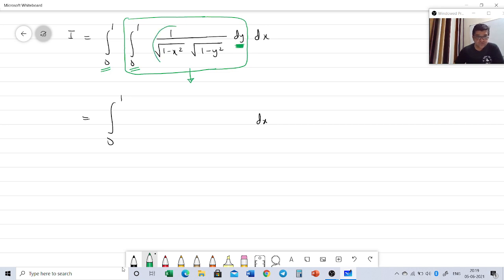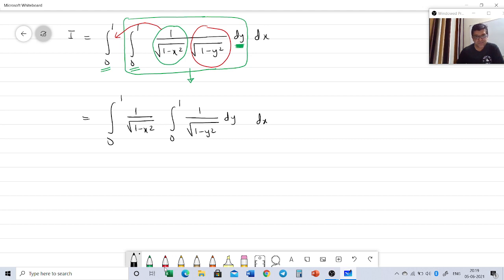So this term of x, I consider it as a constant, and I can shift it outside, because this whole term is a constant multiplied to this function. So this is going outside. I'm left with integral 0 to 1, 1 by under root of 1 minus y square dy. Now this is my inner integral.